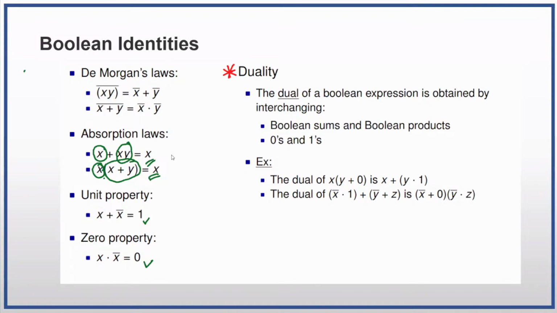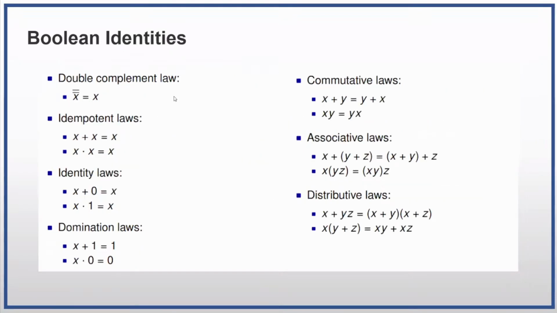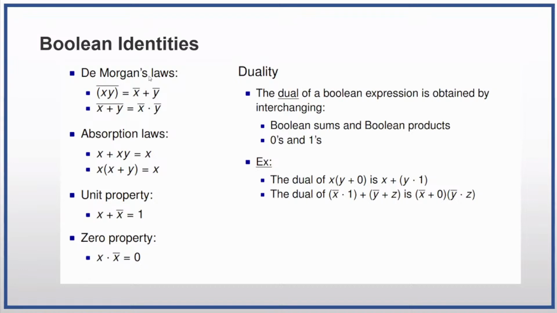Now you know some identities to use in your simplification. Those are the double complement law, idempotent, identity, domination, commutative, associative, distributive, De Morgan's law, absorption law, unit property, and zero property. Those are the Boolean identities.